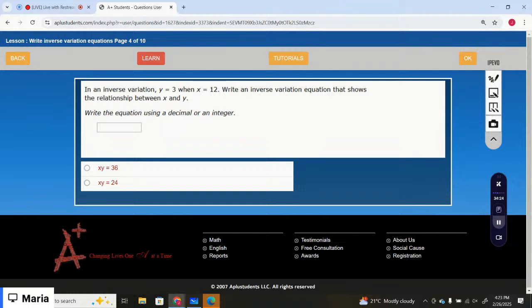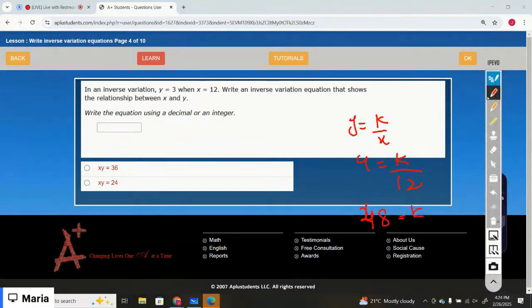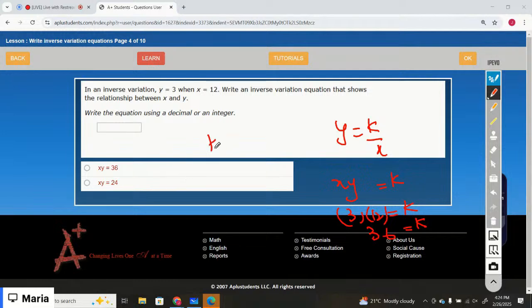In an inverse variation, y equals 3 when x equals 12. Write an inverse variation equation that shows the relationship between x and y. So that is y equals k over x, k equals xy, right? So x is 12 and y is 3. So k equals 12 times 3, that is 36. K equals 36, so xy is 36.